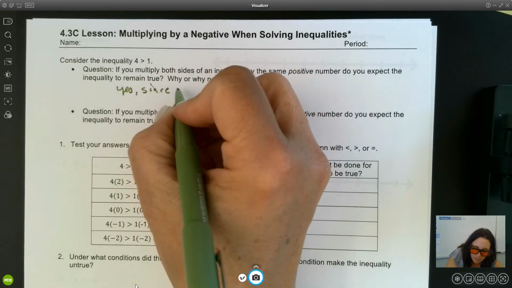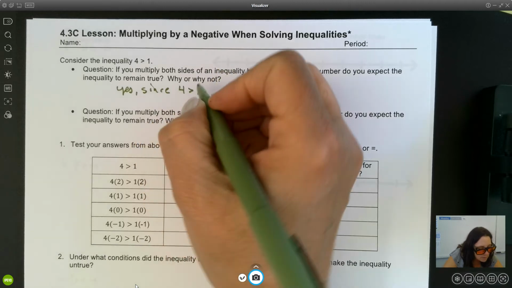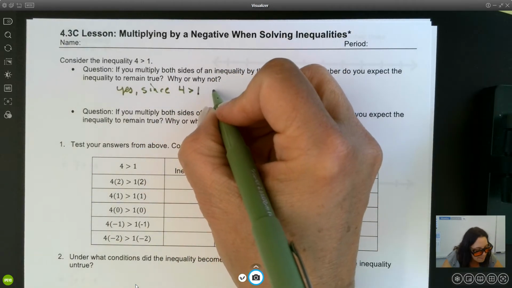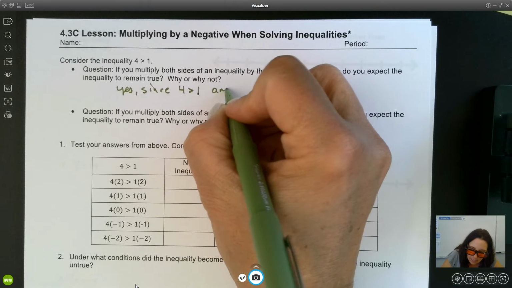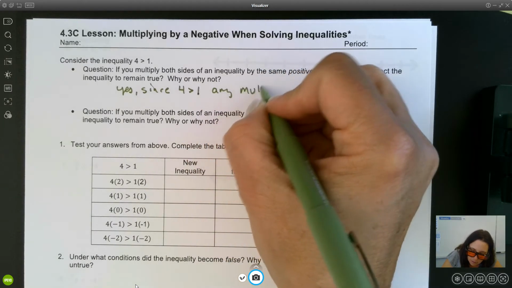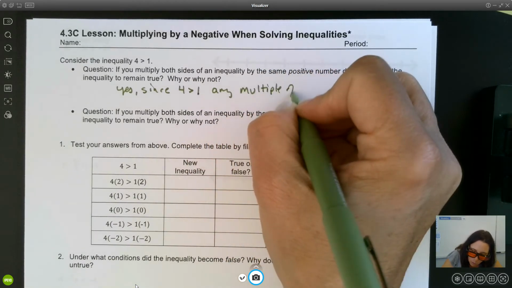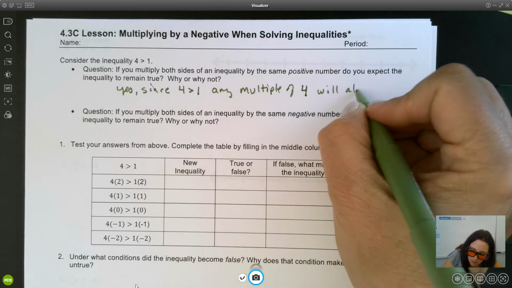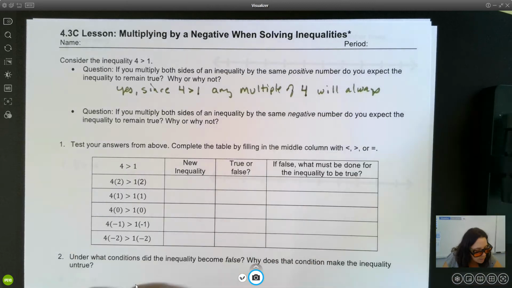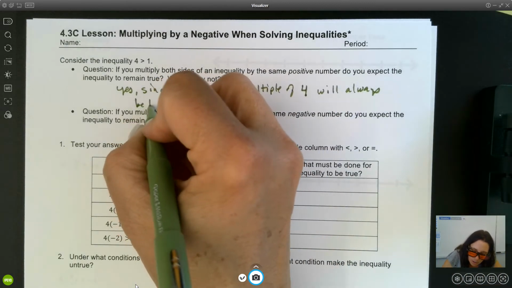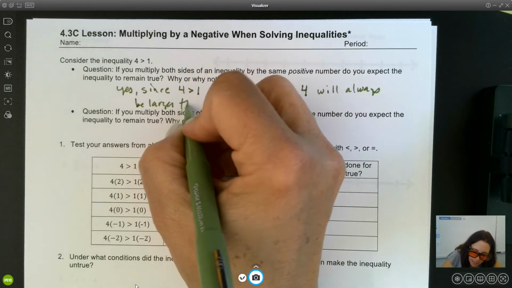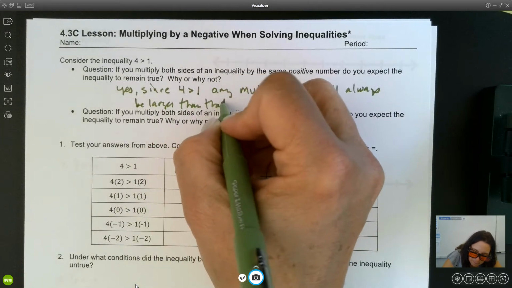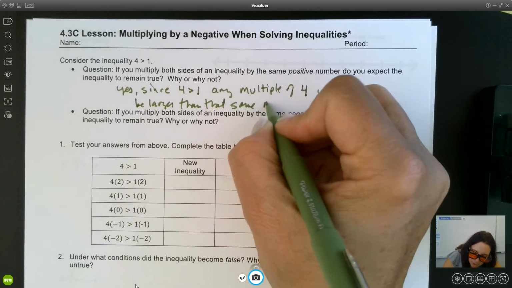Since 4 is greater than 1, any multiple of 4 will always be larger than that same multiple of 1.